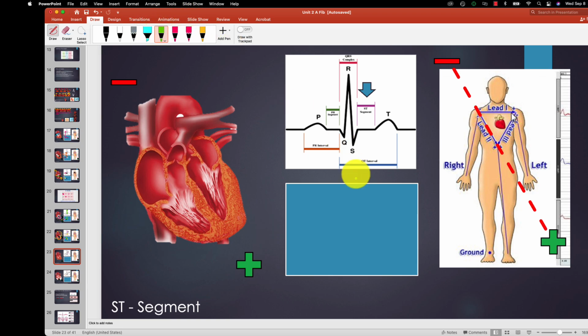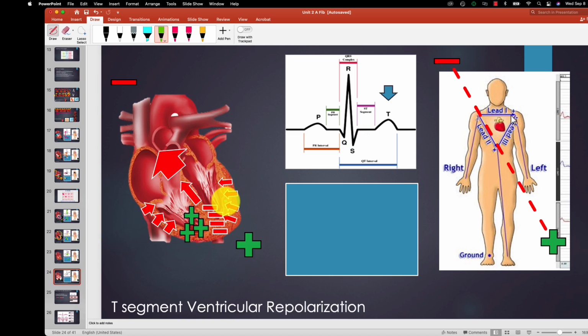In this ST segment, we've just recovered from the basal ventricular contraction, and now we have an isoelectric line. We have no more positive and negative movement of charges in the cell. And then we're going to go to the T wave, which is going to be repolarization.